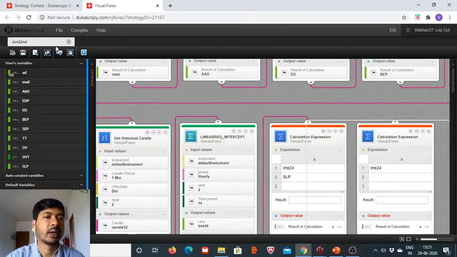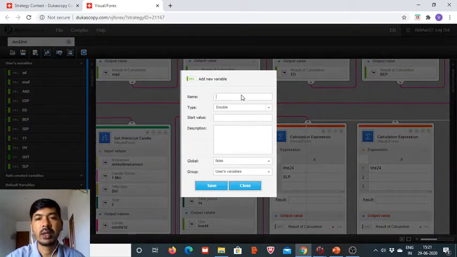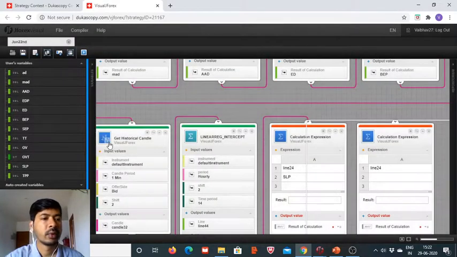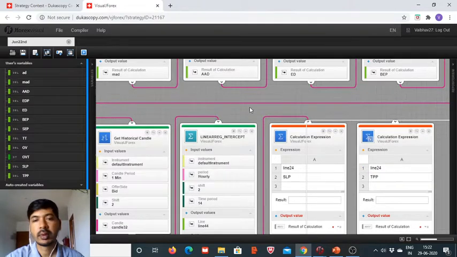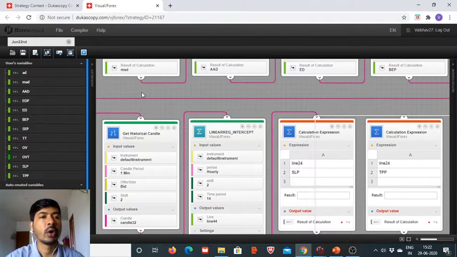We also define the TPP, target price pips, and it is going to be 0.5, and here it will go in a target price block.